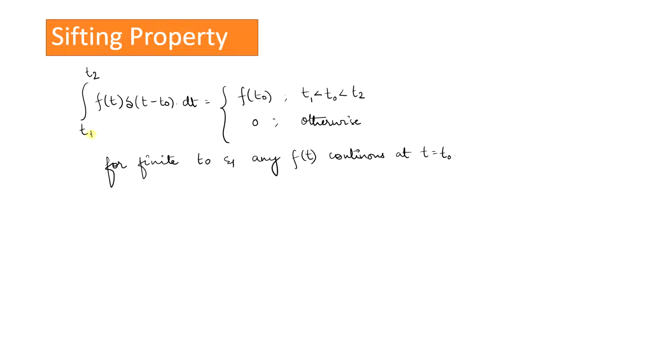So we will be utilizing this sifting property when we solve the numericals. Any signal that is being multiplied with a direct delta function which is delayed in time or advanced in time depending on the value of t naught, we have to consider the function to be f of t naught.